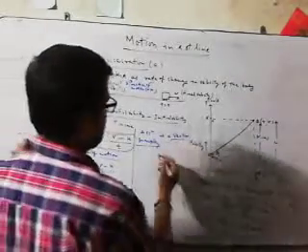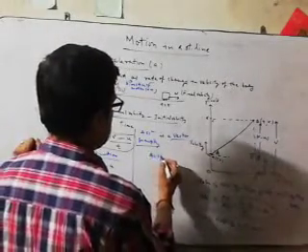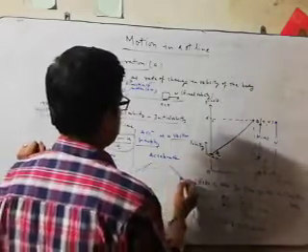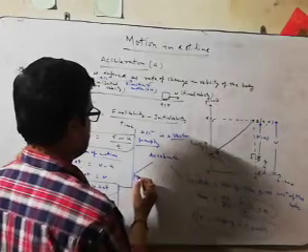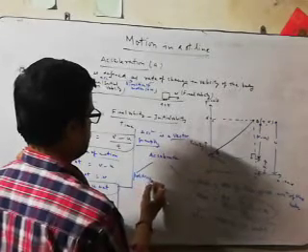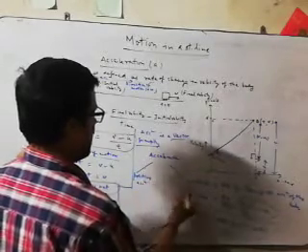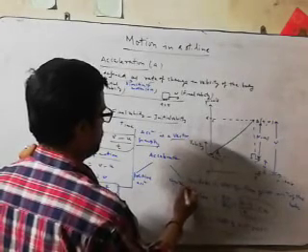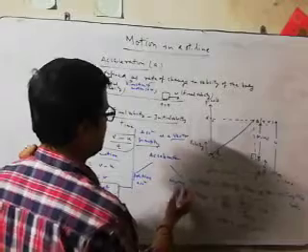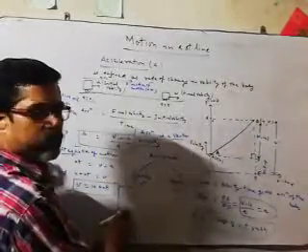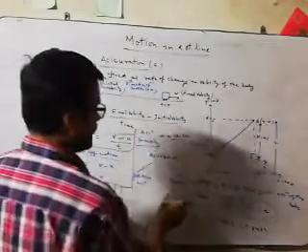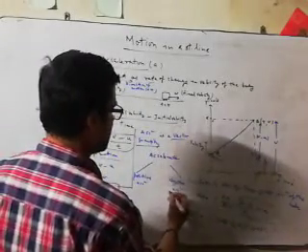So acceleration is of two types: positive acceleration and negative acceleration. Positive acceleration will increase the velocity. Negative acceleration is also known as retardation.